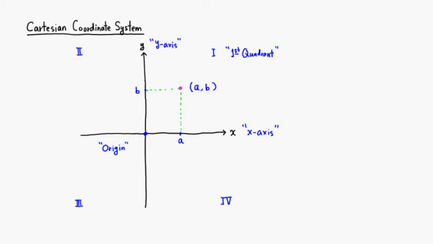The first number, which is the reading from the x-axis, is called the x coordinate. And the reading from the y-axis is called the y coordinate.